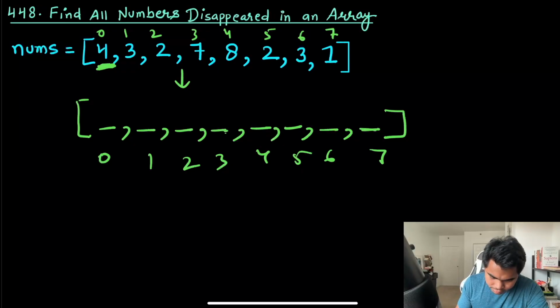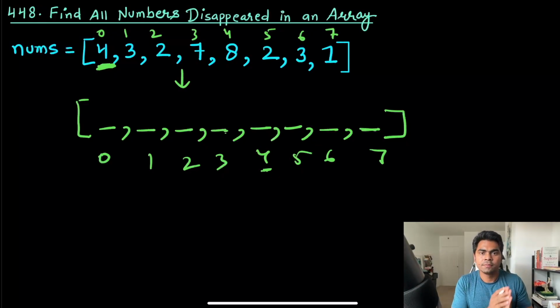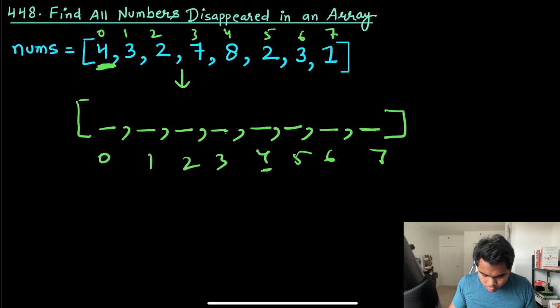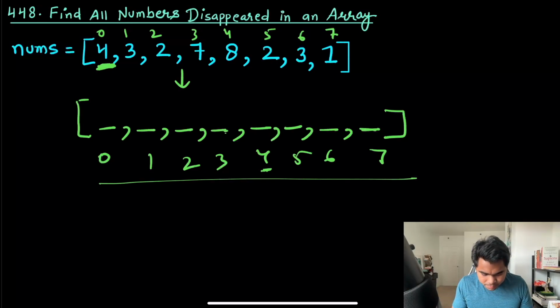That's the index it actually points to. So all these numbers, currently I want to use this index as a representation of that number. So how do I mark that I have seen the index that was supposed to be in an original array? This could be my array, just plus 1 each of these index, right?